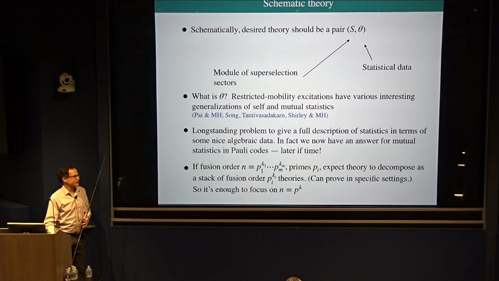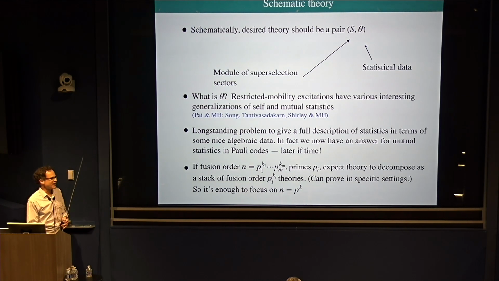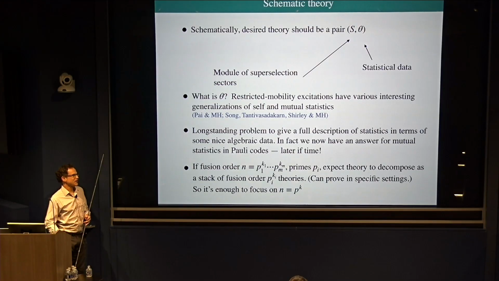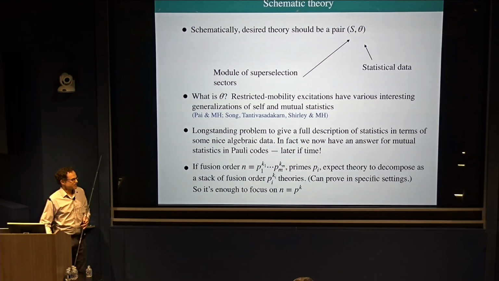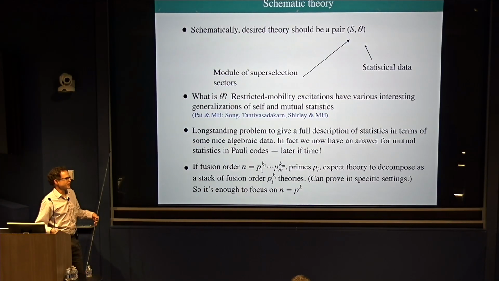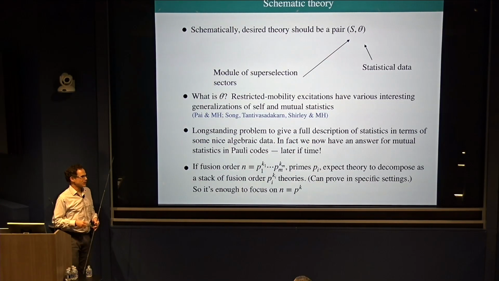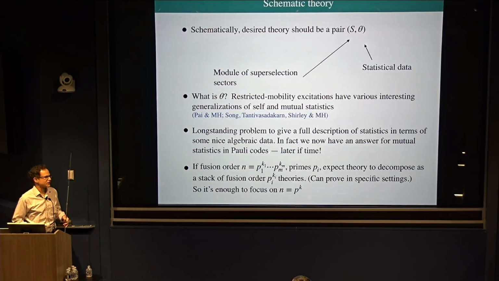So that information needs to be somehow obtainable from this theory, right? You need to be able to check if the principle of remote detectability is satisfied. And so some kind of analog of mutual statistics, I think, is what you need. I'm assuming it's redundant. Oh, yeah. So I think that may be true, but we don't know in general. Of course, in anyons, we know that self-statistics is enough, as I said earlier.